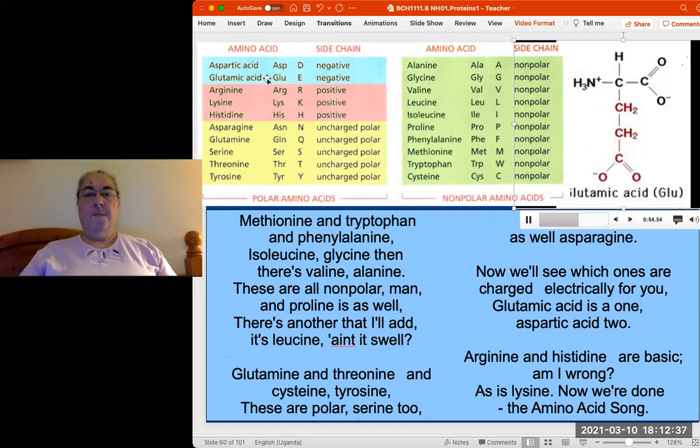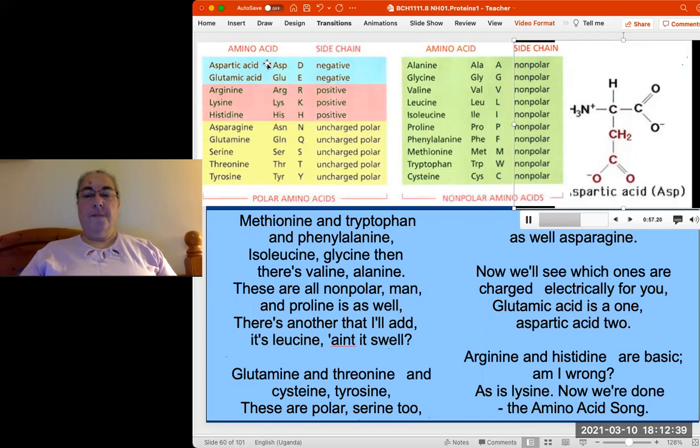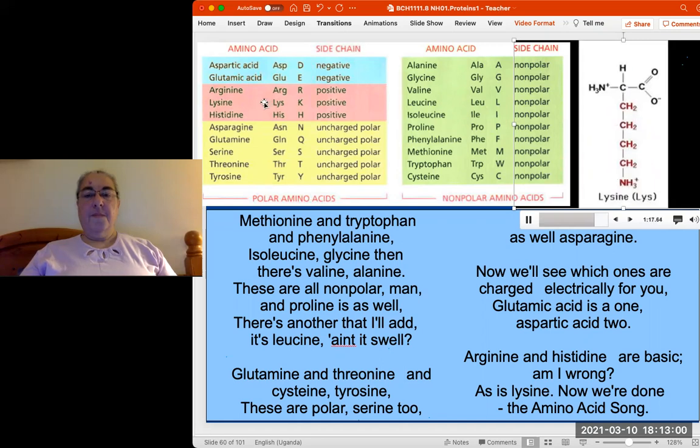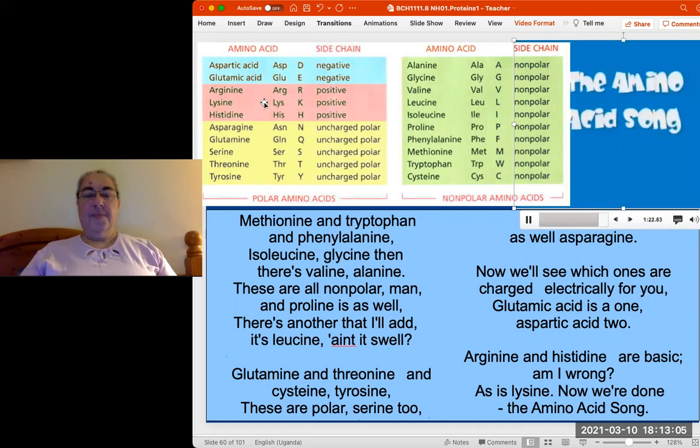Glutamic acid is one, aspartic acid two. Arginine and histidine are basic environment, as is lysine. Now done, amino acid song. Amino acid song.